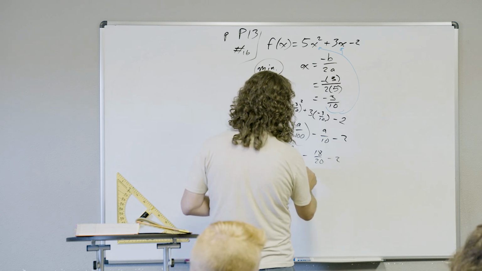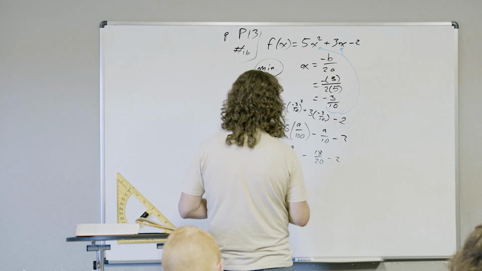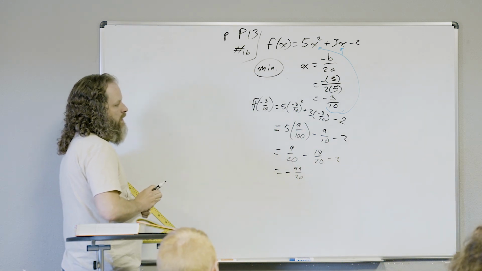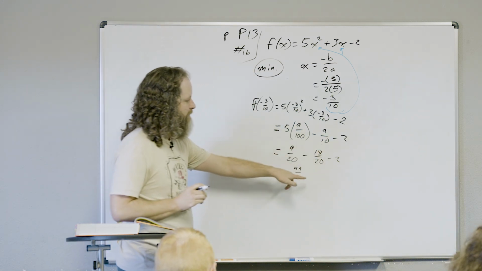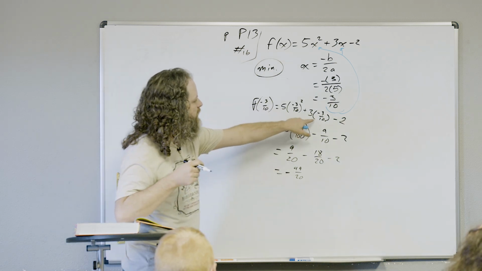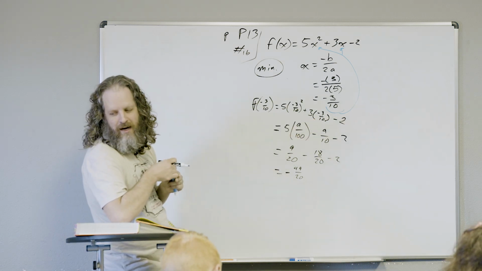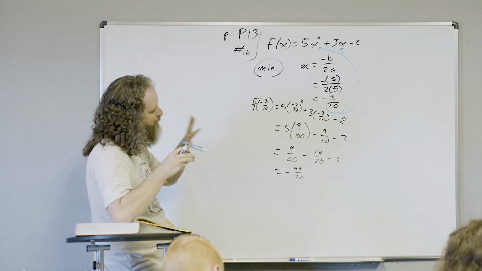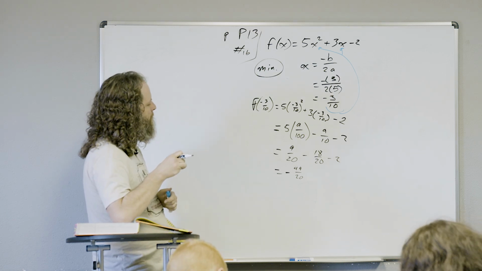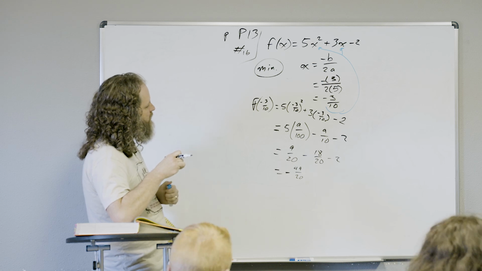Negative 49/20. Wait. Is that correct? I just converted this to having the same denominator. It's 9/10, because 3 times negative is, yeah. I was just proceeding with doing it by hand. But okay. Negative 49/20 is the minimum.